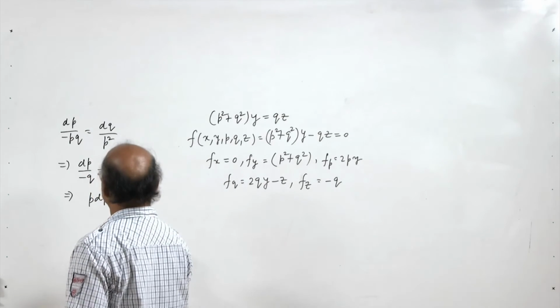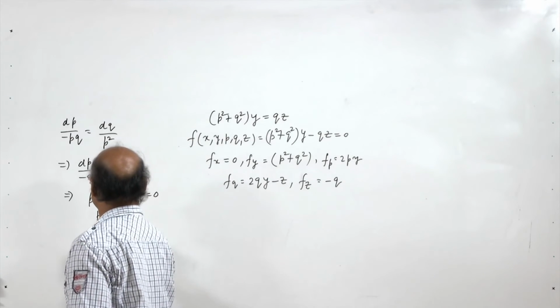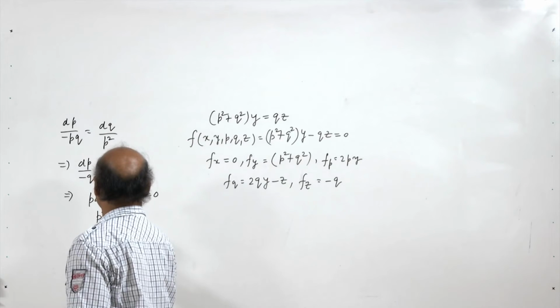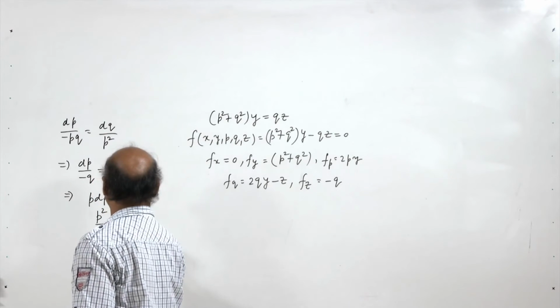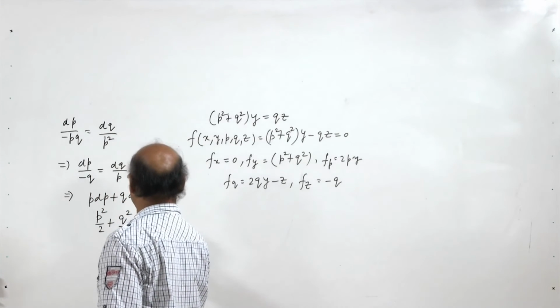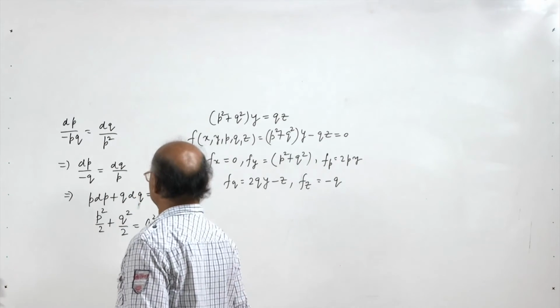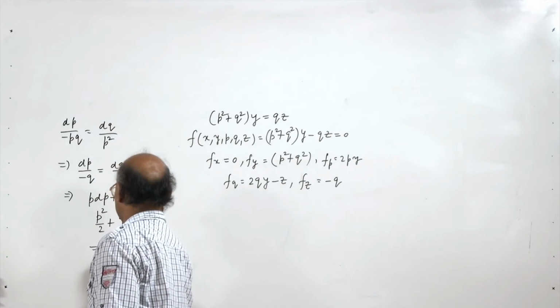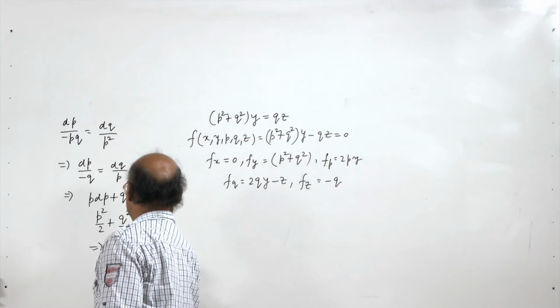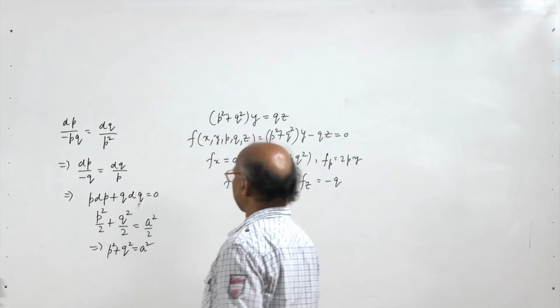So we will integrate this, and we can write p square by 2 plus q square by 2 equal to a constant, let us write a square by 2. So that we will have p square plus q square equal to a square, where a is an arbitrary constant.